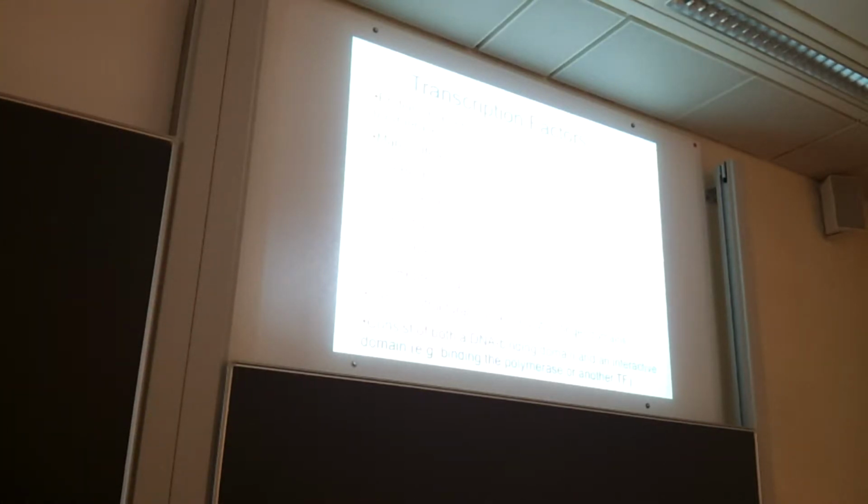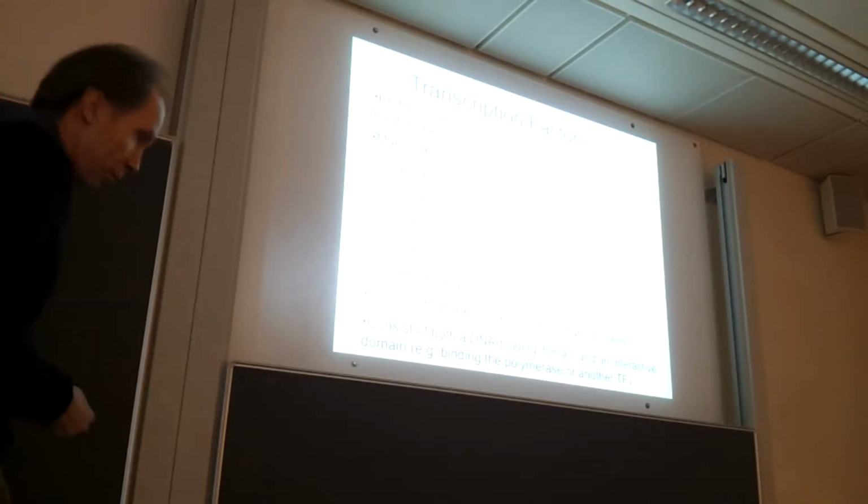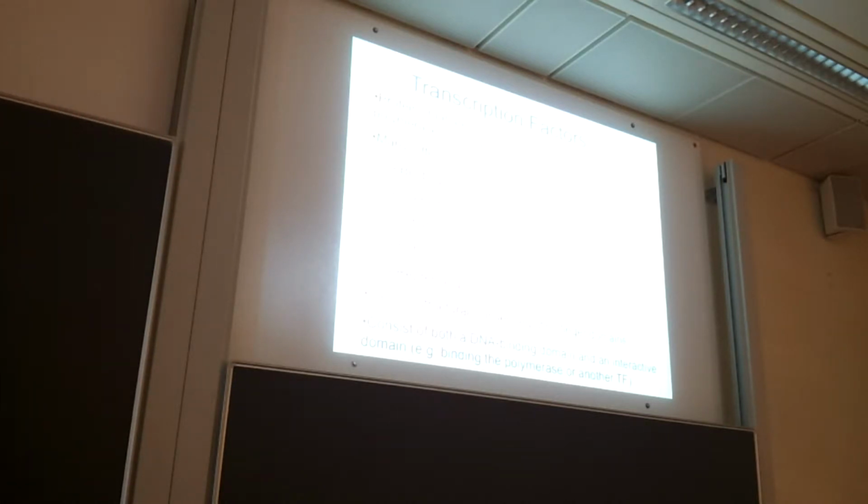Okay, so one of the examples today: transcription factors, proteins that are important in transcription control. They basically switch on or off a polymerase, the copying molecule that converts information on the DNA into a messenger RNA sequence when it comes to protein coding.